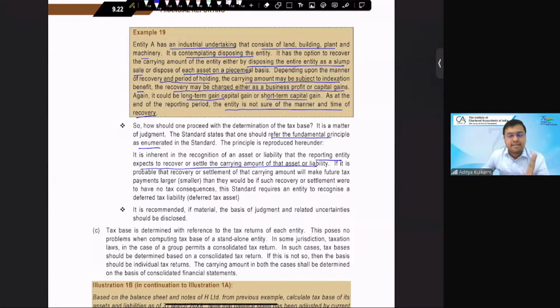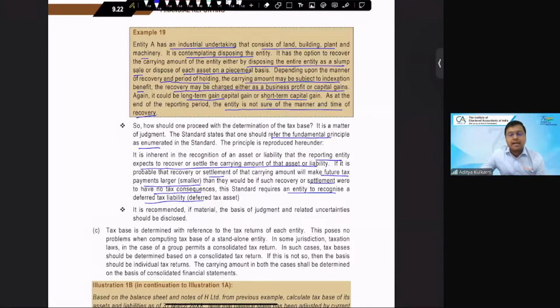If there is any asset, you intend to recover that amount by generating income. If it is a liability, you intend to settle that. So now, if it is probable that recovery or settlement will have an impact on the future tax payments, then you have to recognize a DTA or a DTL. So it depends.